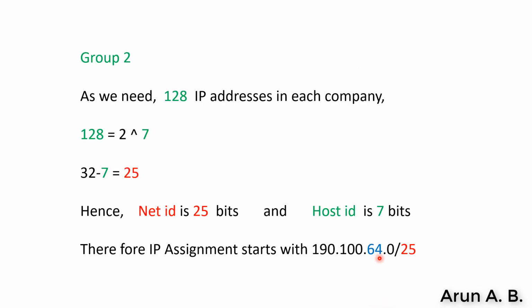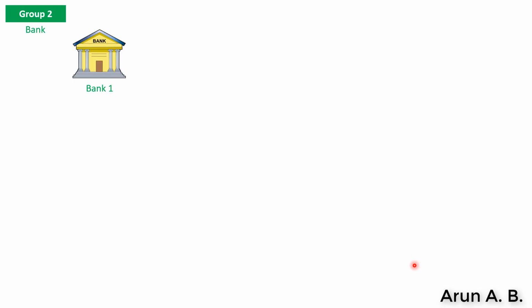Therefore, we are starting with 64.0/25. So in group 2, banks, for bank 1, system 1 starts with the IP address 190.100.64.0 and /25. So for all, we'll be using /25 here, whereas in the previous case it was /24.